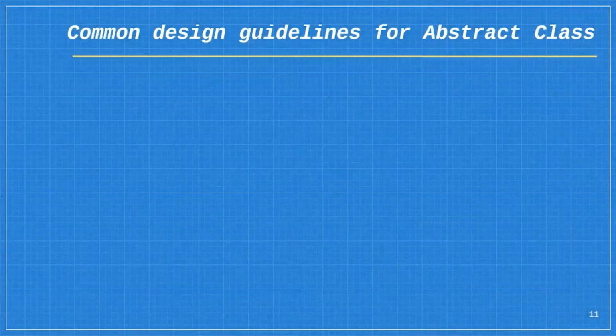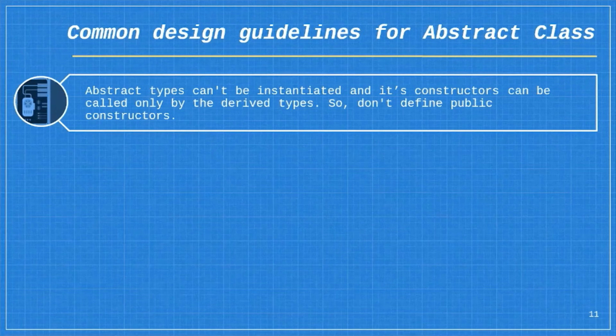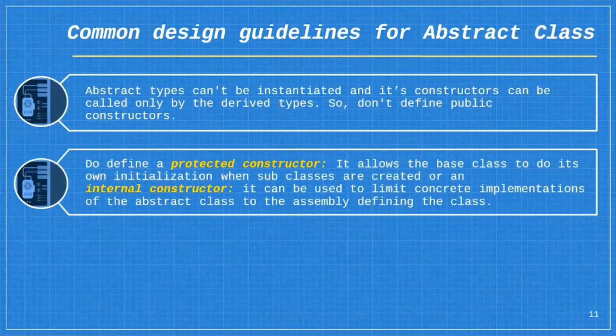So now we'll discuss the common design guidelines for abstract classes. First of all, never define a public constructor for an abstract class because an abstract class cannot be instantiated.